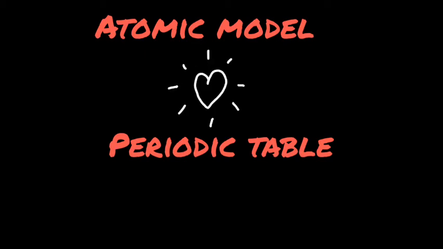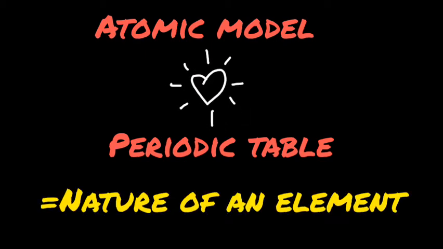But we also know that the periodic table serves as a reference chart to refer to the range of the physical and the chemical properties of an element. When the model and the reference chart are merged together, they give a proper insight into properties.